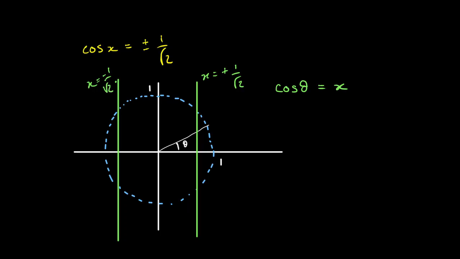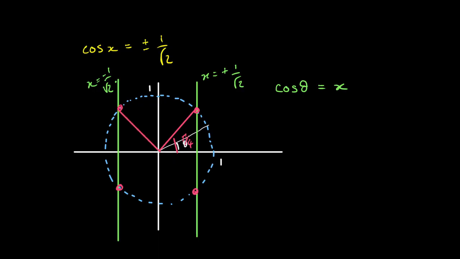And so basically what we're trying to do is find the angles at this point, this point, this point, and this point. Well, if we do that, that angle there is 45 degrees, or pi by 4 radians, beg your pardon. And this one here, what will that be?